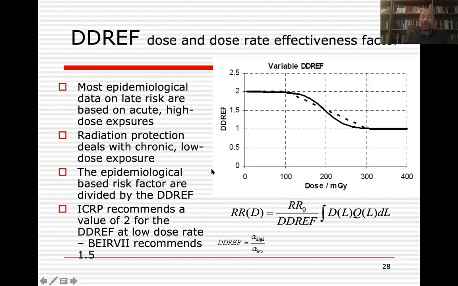So the shape of the DDREF is essentially 2 when you go to low dose rate, and then goes to 1 when you go to high dose rate. Actually, rather than 2, there are more studies now showing that, for example, the BEIR VII in the United States recommends 1.5 and not 2. Actually, this factor has a very large uncertainty. It's one of the main sources of uncertainty in the estimate of risk.